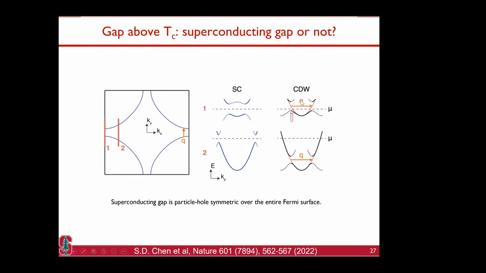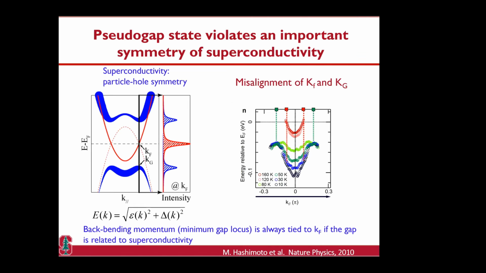If you have a CDW, then the point where the gap shows a minimum may or may not coincide with KF, but for superconductivity it does. So that is something you can test if you see a gap. For example, in one of the single layer systems in the pseudogap regime, you can clearly see that where the gap reaches a minimum indeed deviates from where KF is.